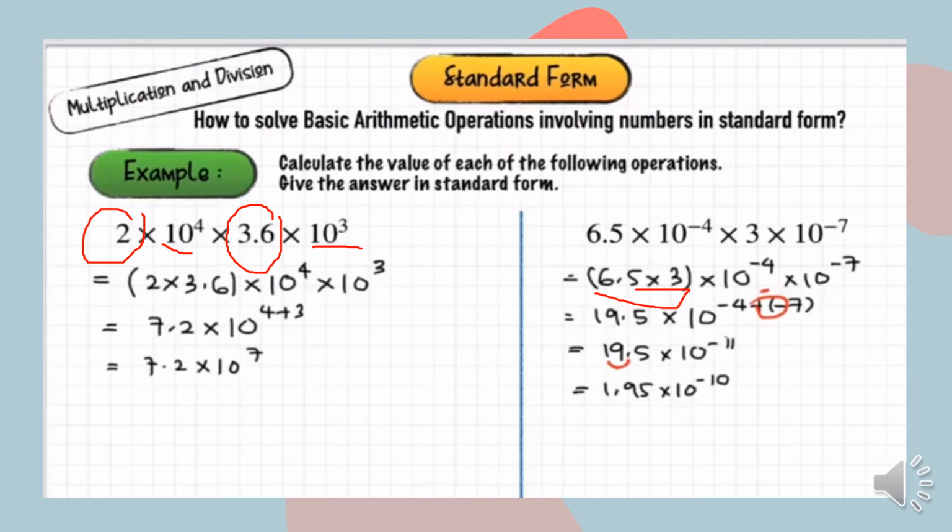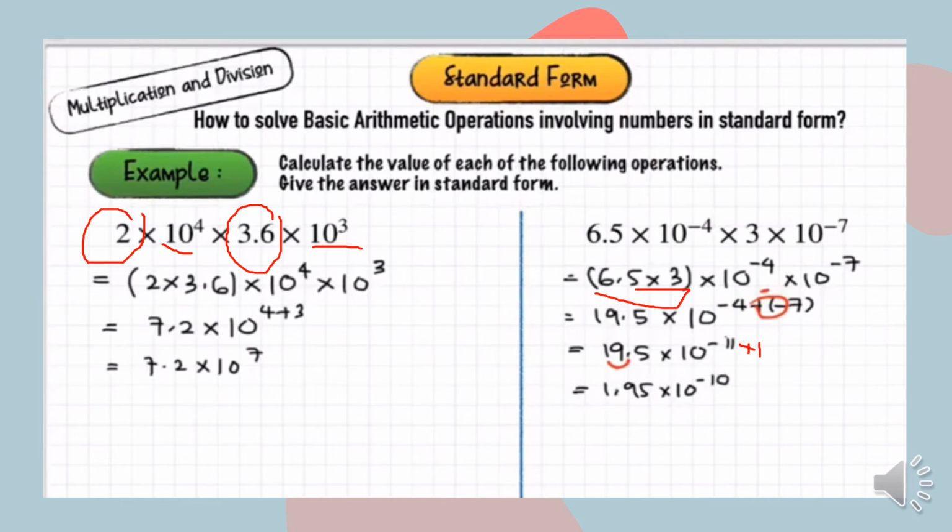For this one, negative 4 plus negative 7, you know that a plus with a negative sign is going to be negative, so negative 4 minus 7 is going to be negative 11. However, since the first one you got 19.5, is this in standard form? No, it's not. Good job. So you have to move the decimal point.